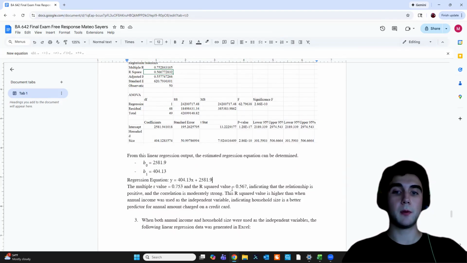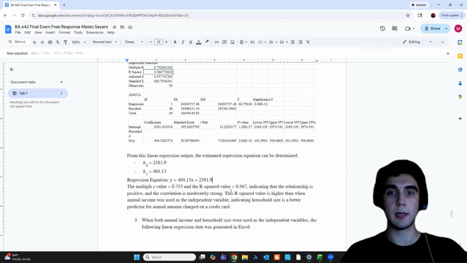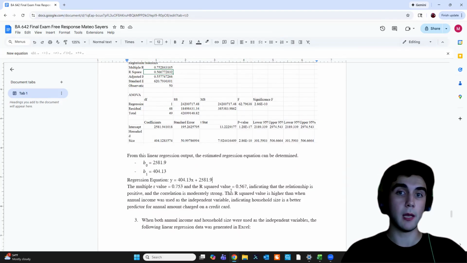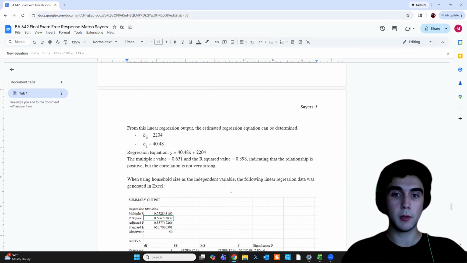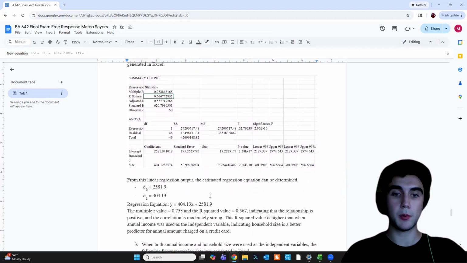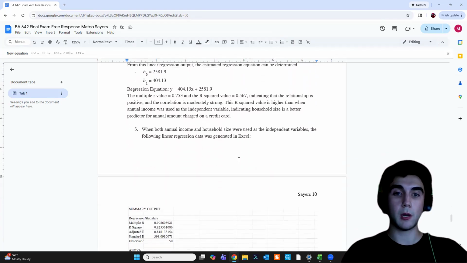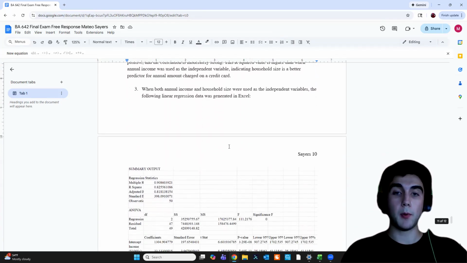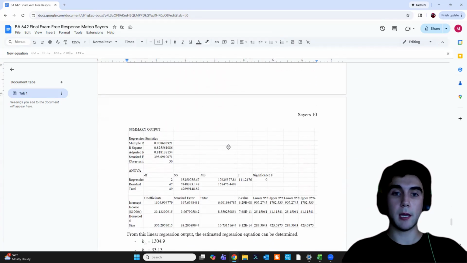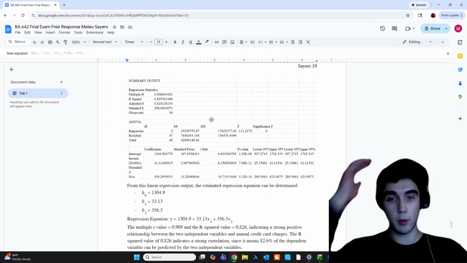And the R squared value was 0.567, which still isn't the highest value an R squared could be, but it is higher than the previous independent variable used, which was annual income. So the number of people in the household is actually a better predictor for the amount charged to a credit card annually.